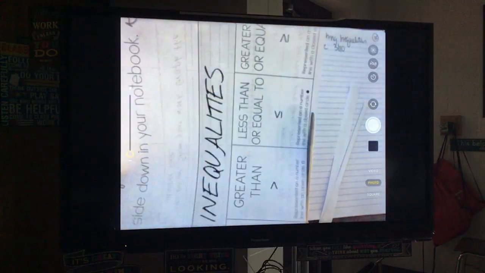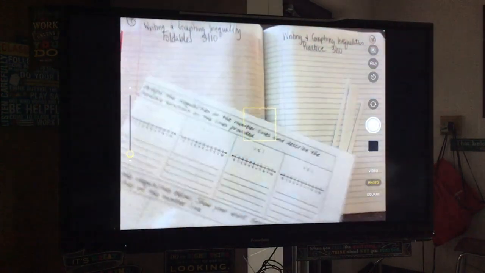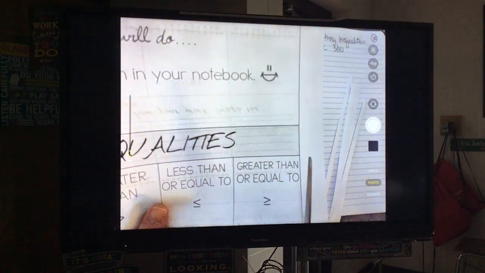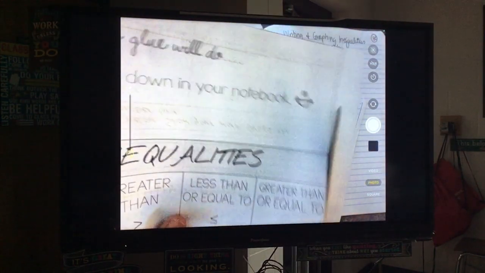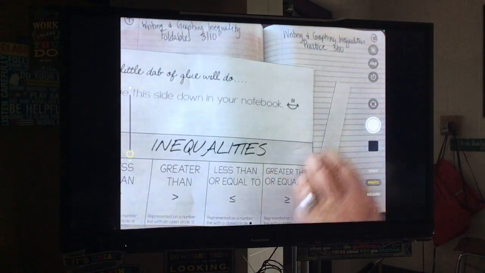And make sure it is facing up like this, because if you flip it over and you cut it this way, you're gonna cut off information that you need. So again, make sure it is facing up where you see inequalities on the front, and then you see a little dab of blue will do.